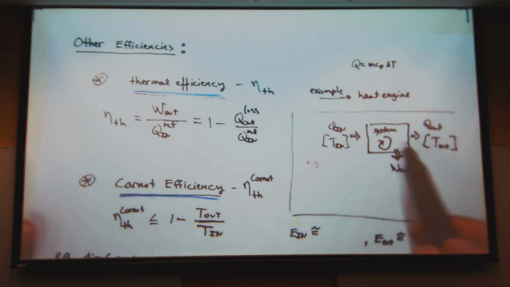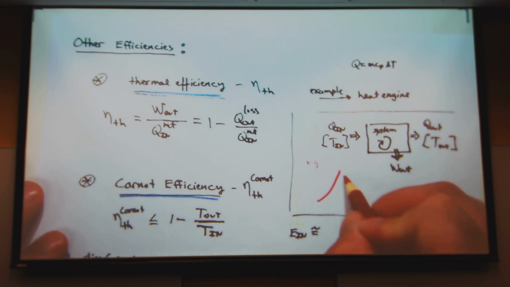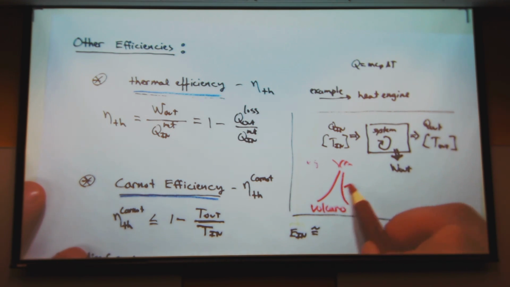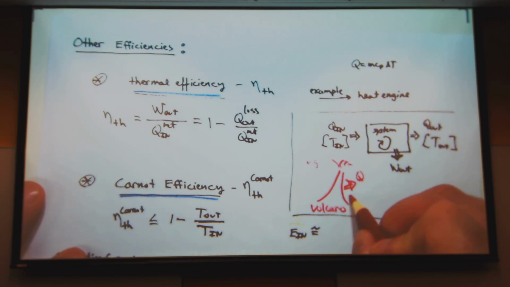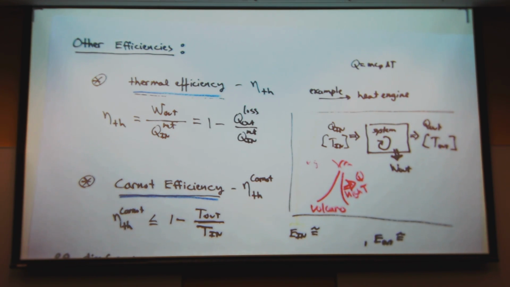And then, for a heat engine, how can that work? Well, I can make an example. I could have a volcano. Okay? And from the volcano, I have some heat that's coming out at high temperature, right? I have a high temperature output.